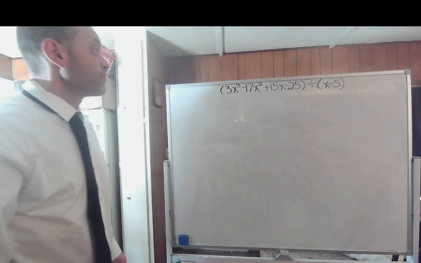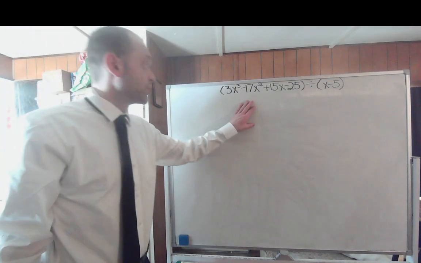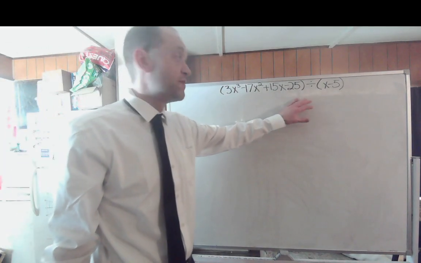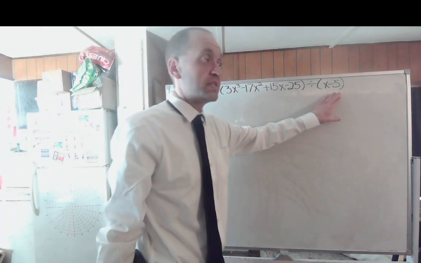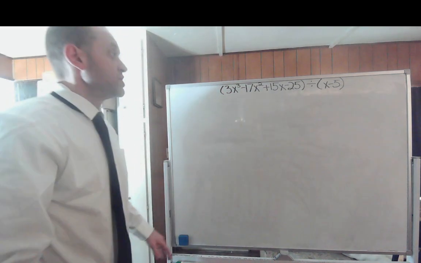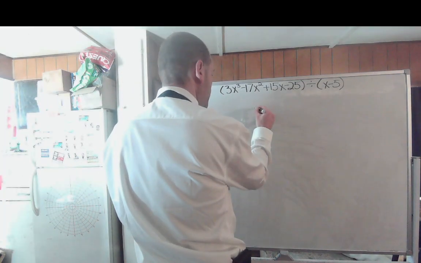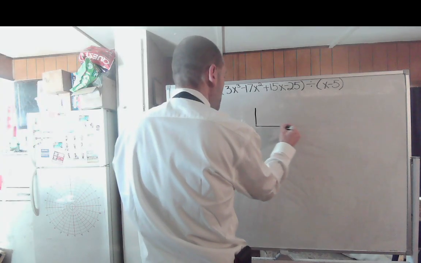So you'll have 3x to the third minus 17x squared plus 15x minus 25, all that divided by x minus 5. So when you're setting up synthetic division, you kind of are going to make a table.